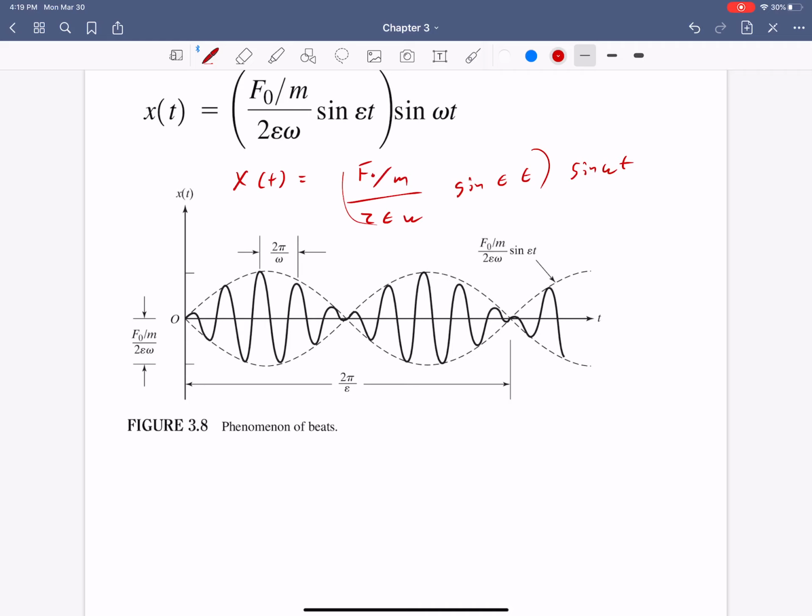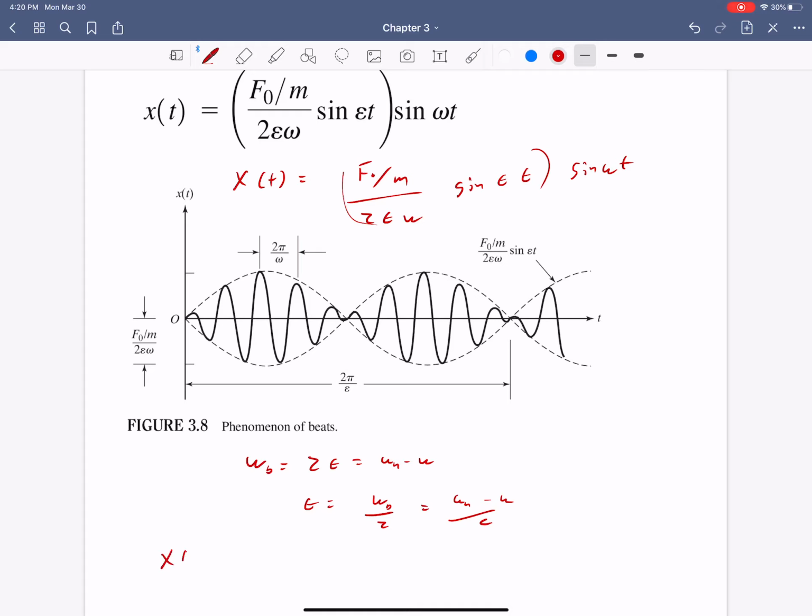And epsilon, so omega b is equal to 2 epsilon, which is equal to omega n minus omega, okay? So epsilon is equal to omega b over 2, which is equal to omega n minus omega over 2, okay?